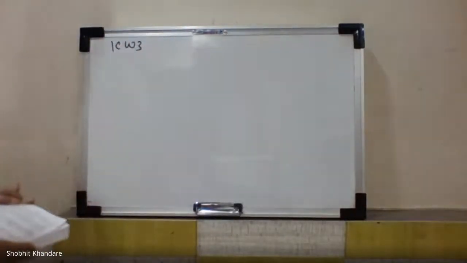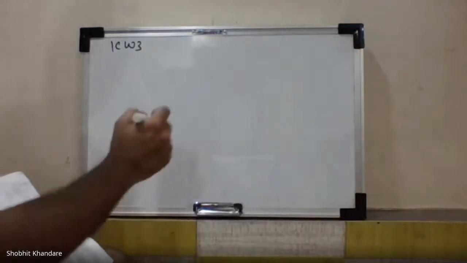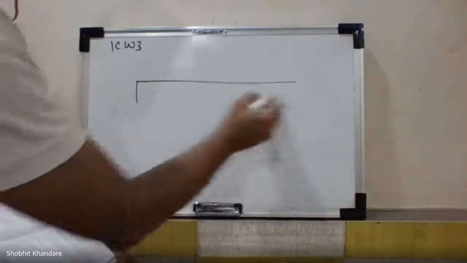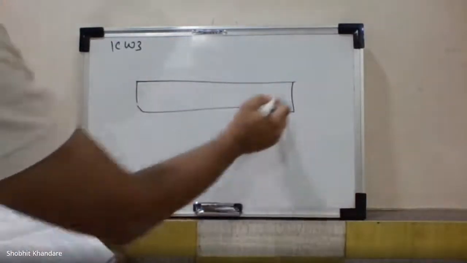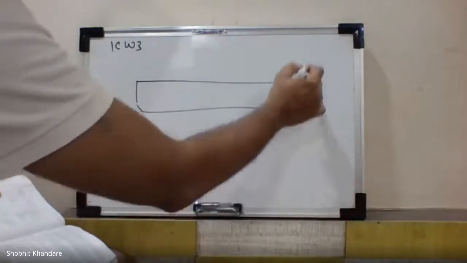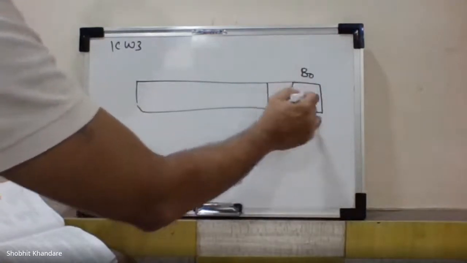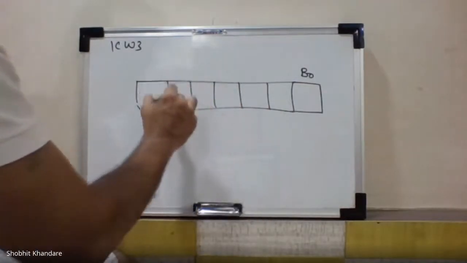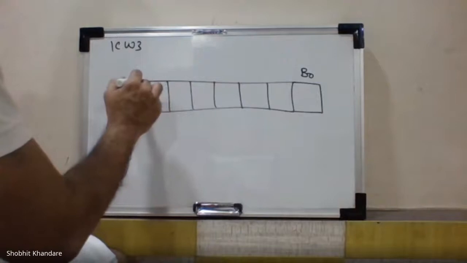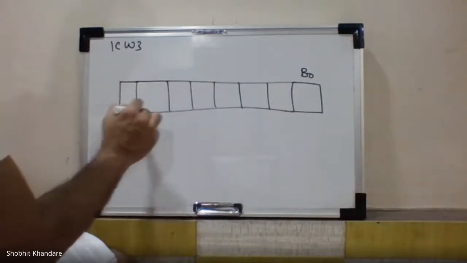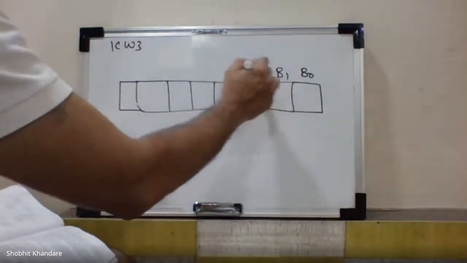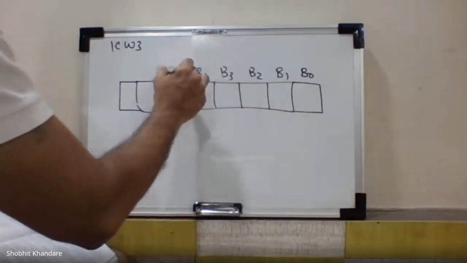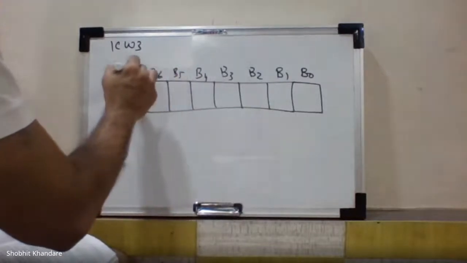Please draw this format. I will draw one for master and one for slave. So this is B0, 1, 2, 3, 4, 5, 6, 7, B0, B1, B2, B3, B4, B5, B6, and B7.